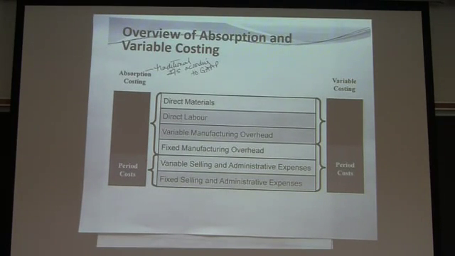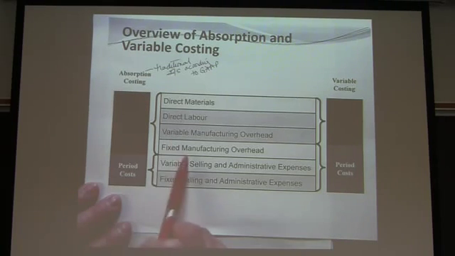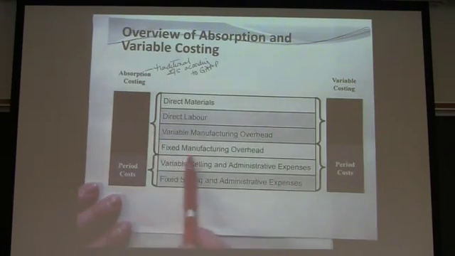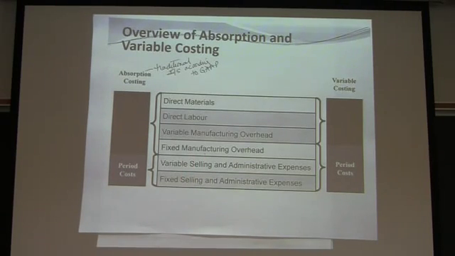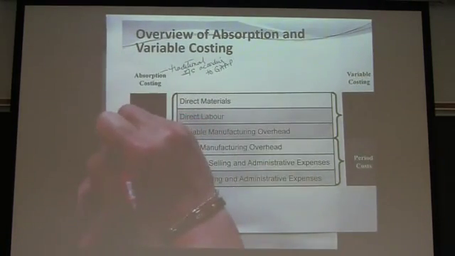And what this is saying is that direct material, direct labor, variable manufacturing, and fixed manufacturing, all of these costs are associated with getting the product from its raw materials to its finished goods state. So this is the cost of manufacturing, and we call this product cost.